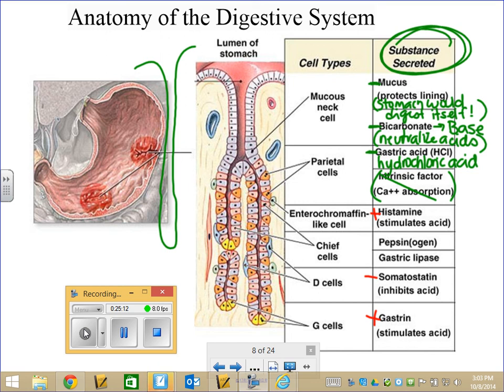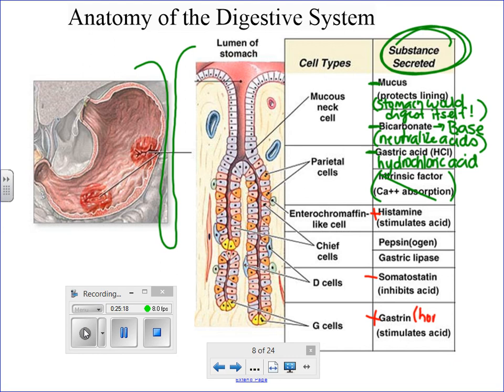And just because we're going to talk about one of these a little bit later again, I'd like to point out that gastrin is involved with a hormone. And we're going to talk a little bit about hormones that control things in your digestive system later.